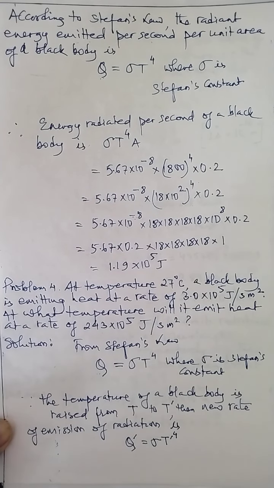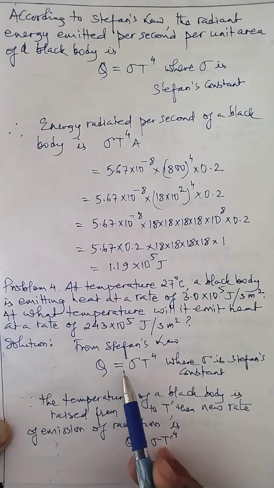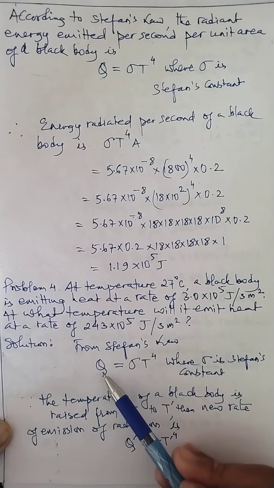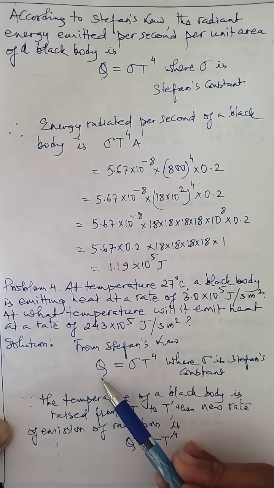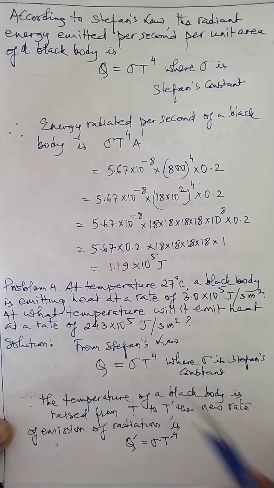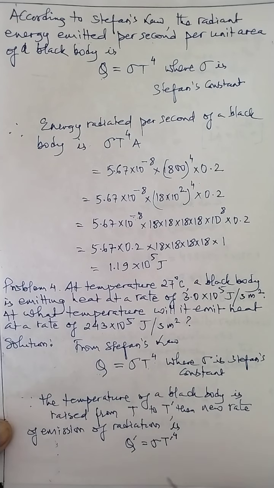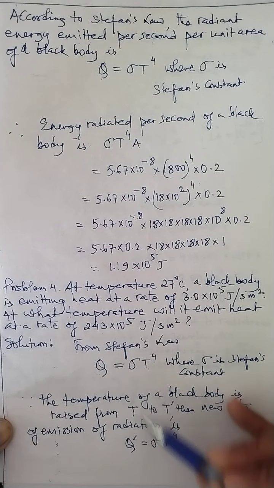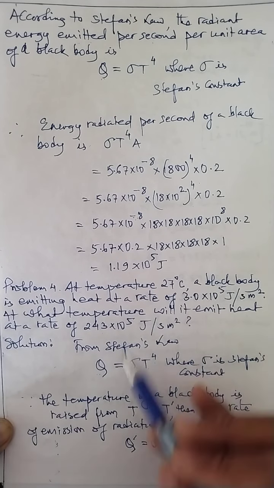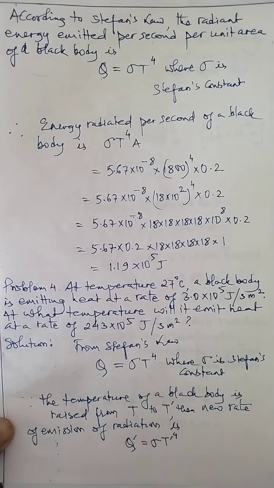So children, just try to understand these two relations. This is also Stefan's law, and this Stefan's law measures the amount of heat radiated per unit area per second at temperature T. And this is also Stefan's law, that also measures the amount of heat radiated per unit area per second at temperature T dash. Now in this question, sigma is constant, and for whatever amount of heat radiated from a given black body, this sigma value will remain constant. So with this relation, we can calculate the new temperature.